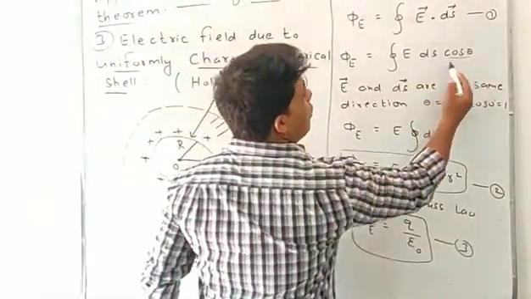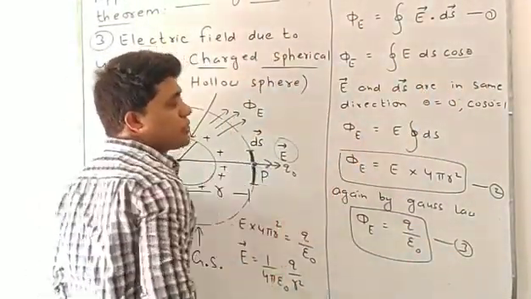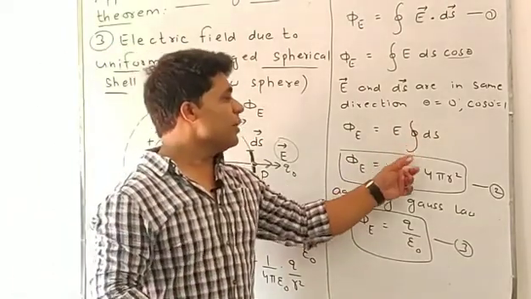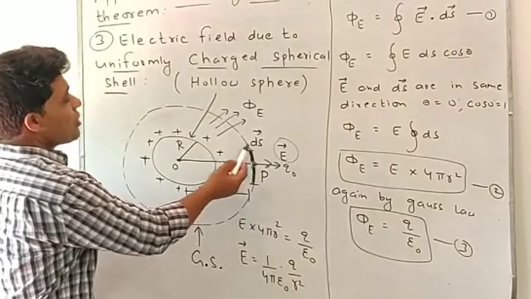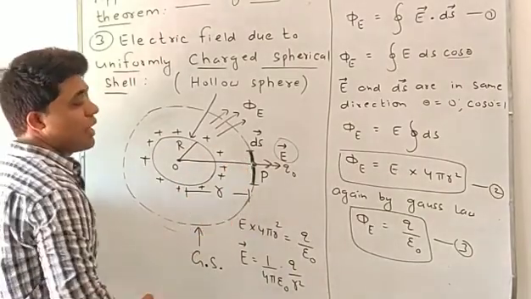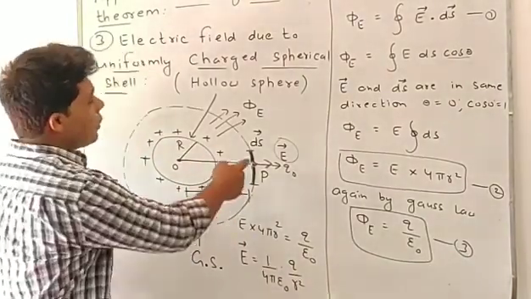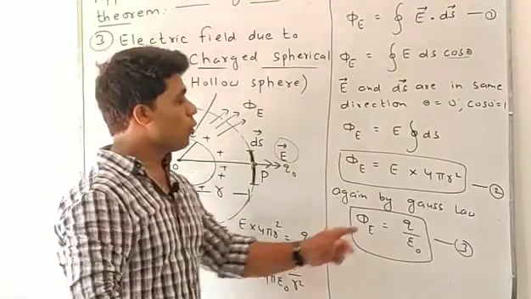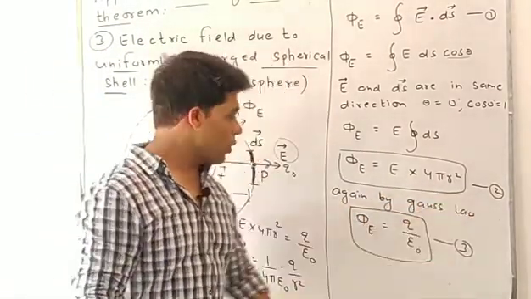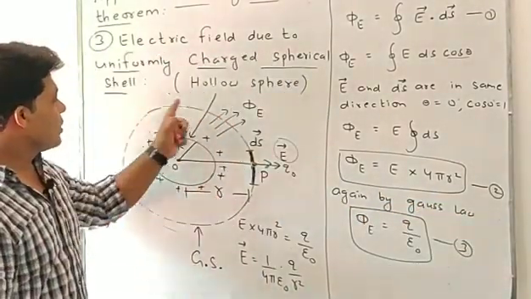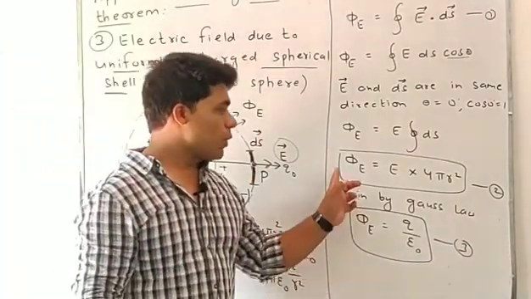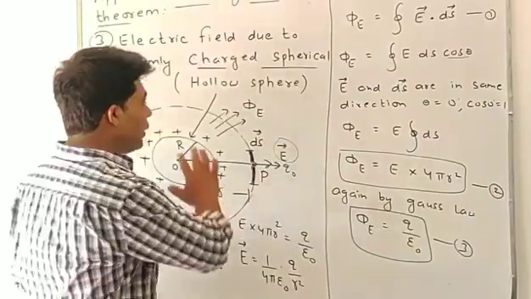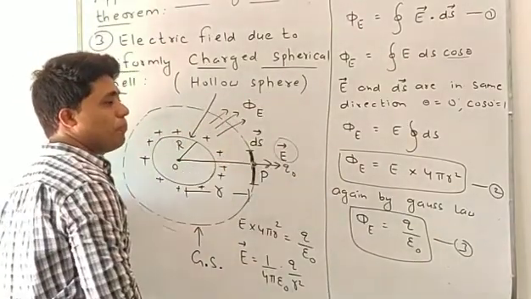So E comes outside the integration, and the integration of ds means the surface area of this Gaussian surface, which is a sphere. The surface area of a sphere is 4 pi r square, because small r is the radius of the Gaussian surface. So this is the flux released from the Gaussian surface.